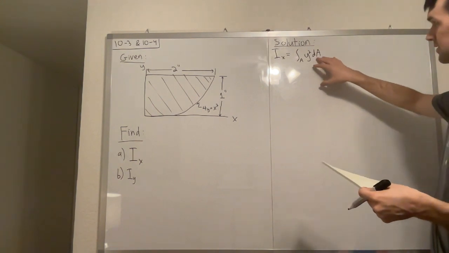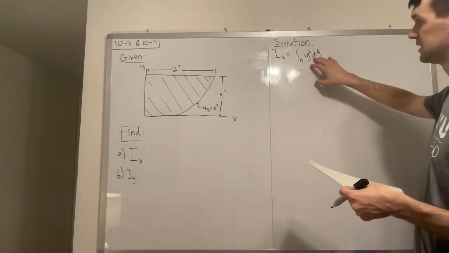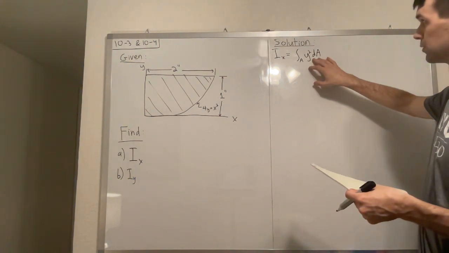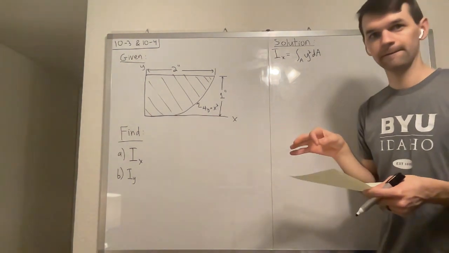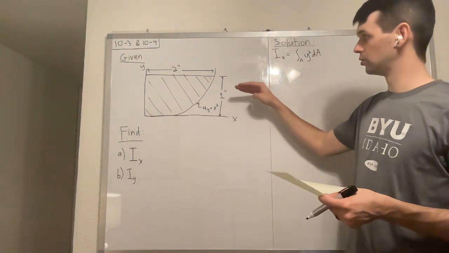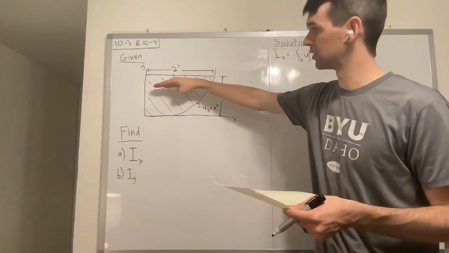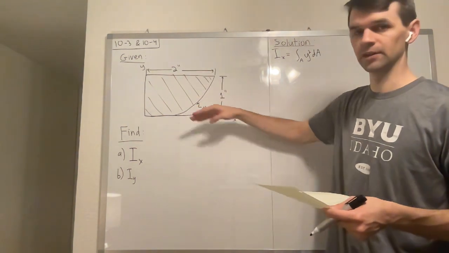Well, let's talk about this. What dA do we want to use? By and large, it's always going to be easiest to use a dA that runs parallel to the axis you're finding the moment of inertia about.